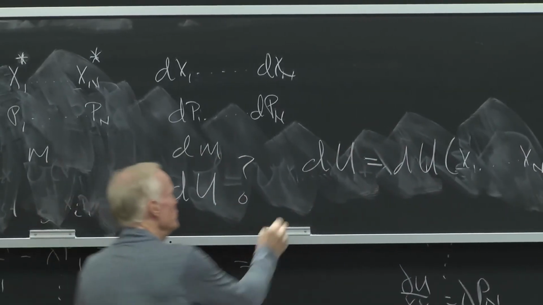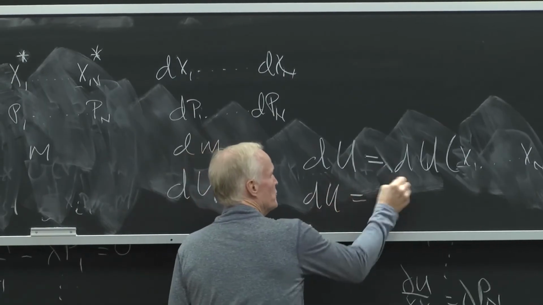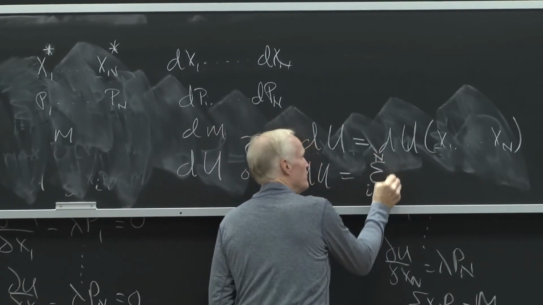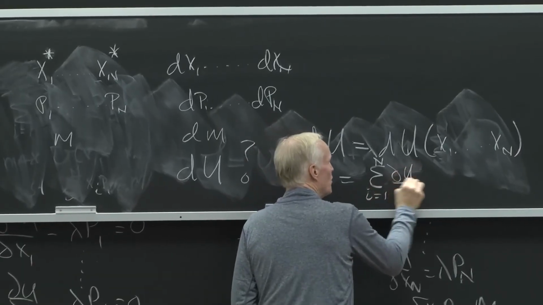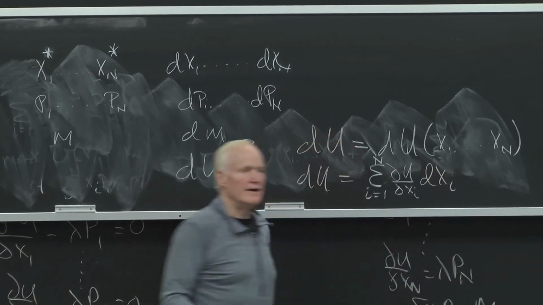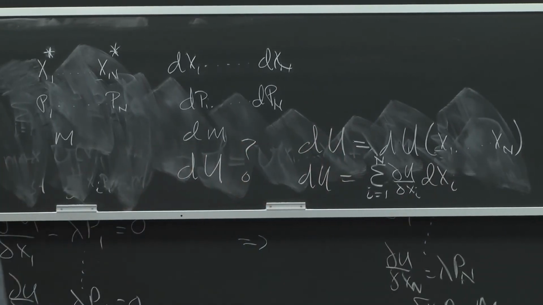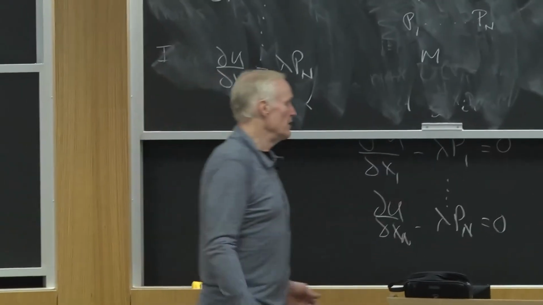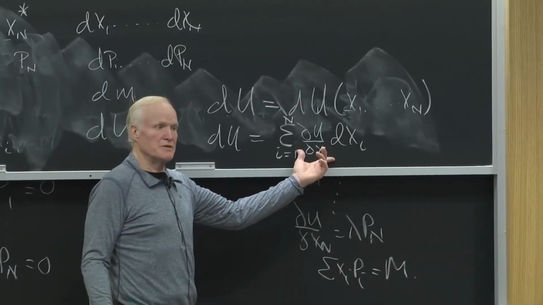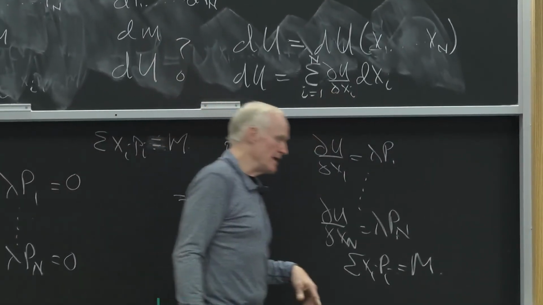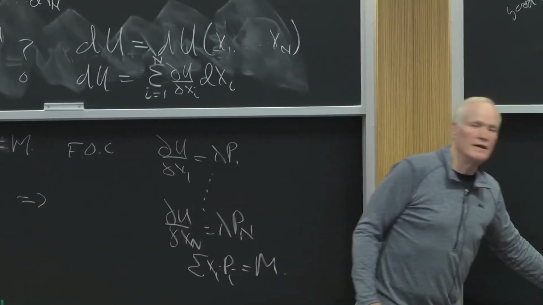So isn't du equal to the sum from i equals 1 to n of partial u partial xi dxi? Everybody agrees with that? It's du, right? Why is utility different than it was a minute ago? It changed because I changed all my consumptions. But what's partial u partial xi? What is it?